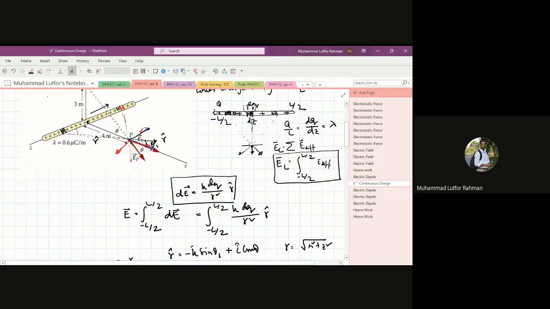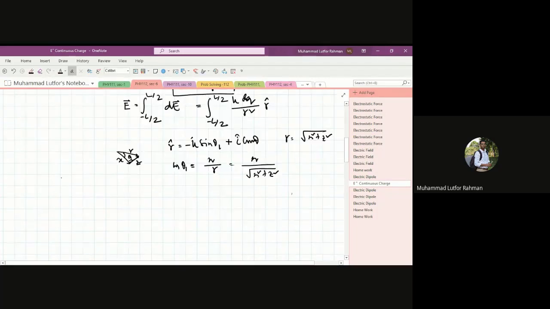So that's why you can write that the total electric field in that case would be the electric field E_L at point P into I hat. This is the electric field for the line charge.